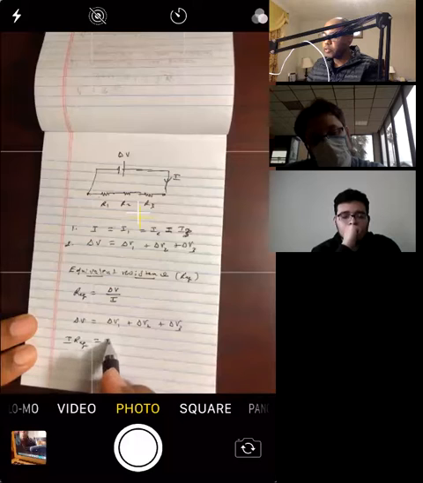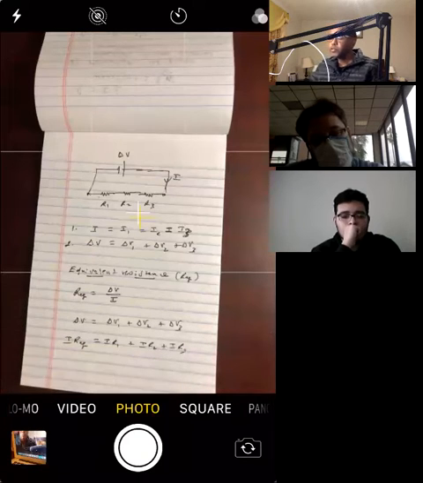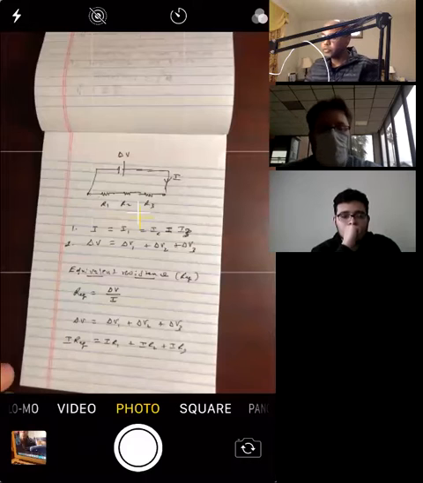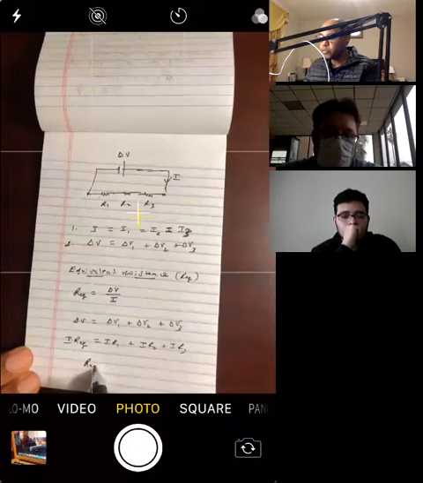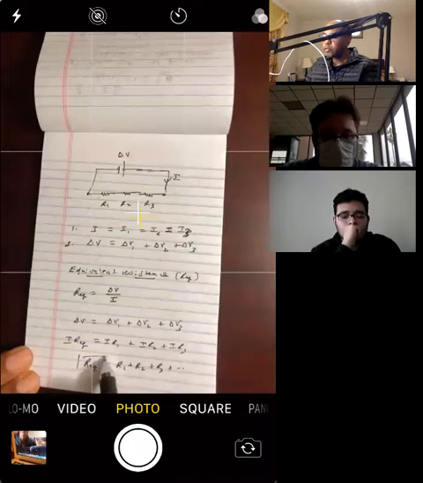So I'll just say current times R1, and this will be current times R2. This will be current times R3. Okay, so you see the current cancels out, right? So you get a formula for the equivalent resistance. The equivalent resistance is simply the sum of the resistors: R1 plus R2 plus R3, and there are more. The same pattern continues. Okay, so that's how you calculate the equivalent resistance for a series combination.